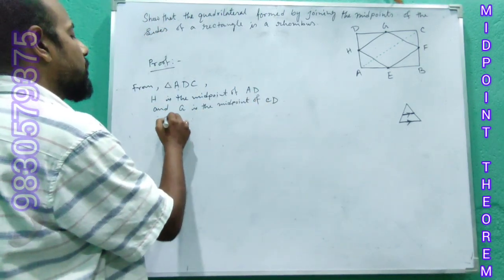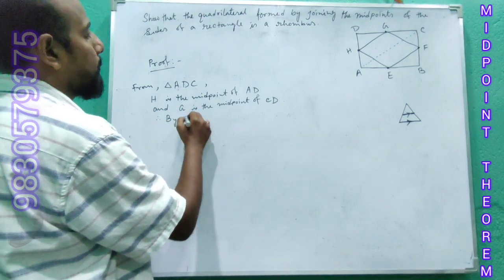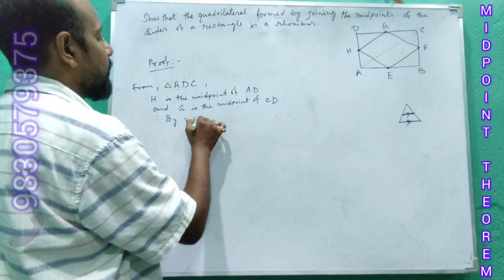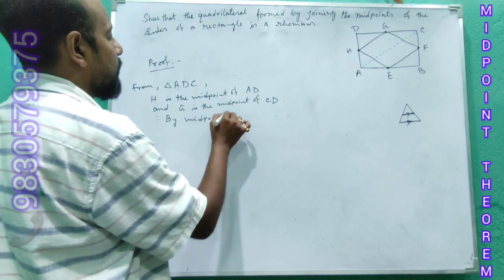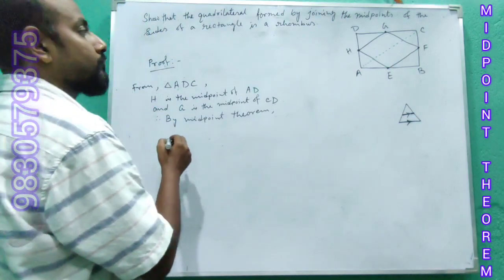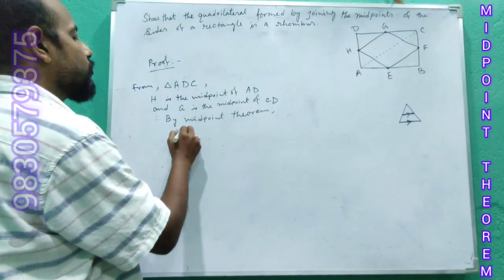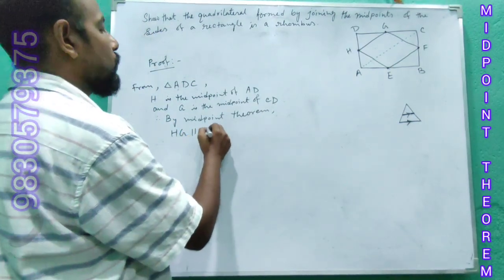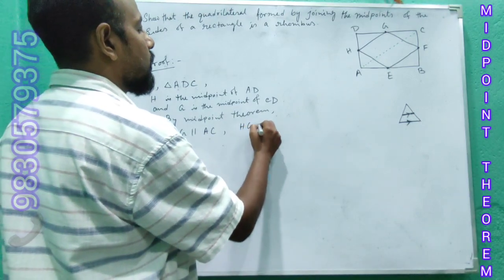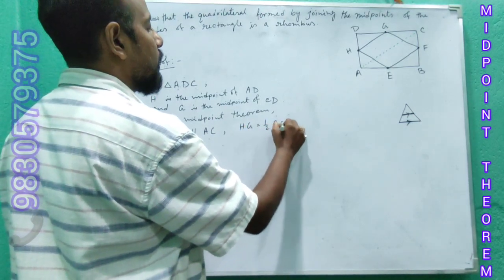So by midpoint theorem, HG is parallel to AC and HG equal to half of AC.